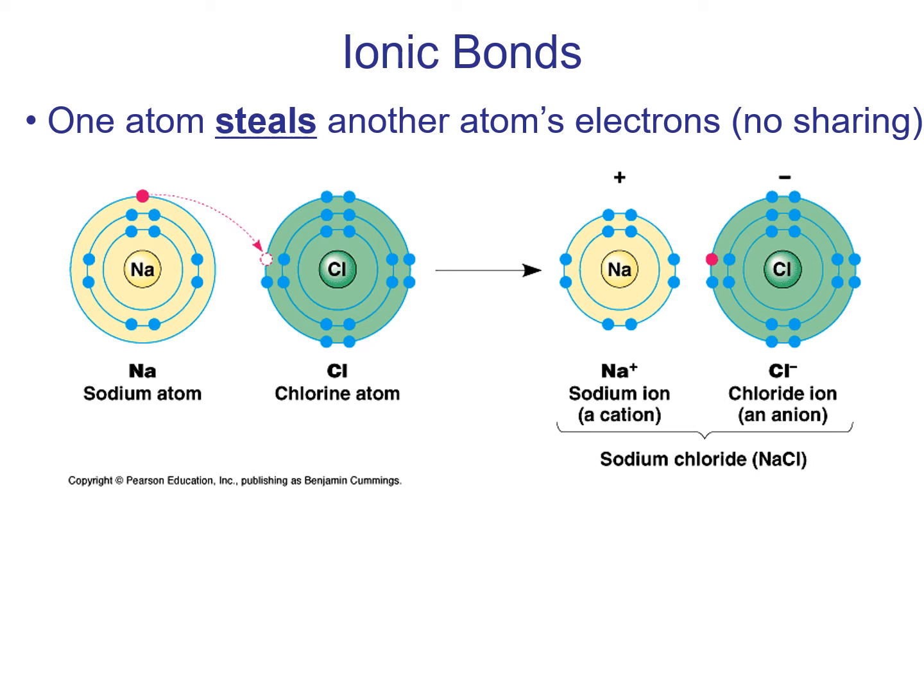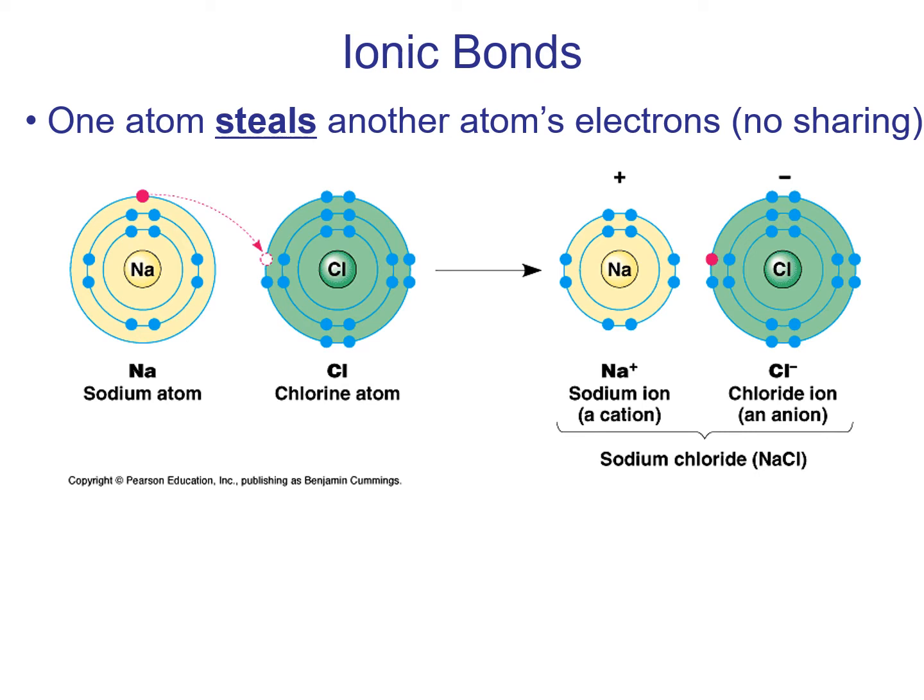And then we have the chlorine, which is going to gain an electron, and it's going to have a full-on negative charge. And when I say full-on negative charge, what I'm referring to here is that protons have 1 unit of positive charge, electrons have 1 unit of negative charge. So we've got a full-on 1 unit of negative charge in our chloride ion.